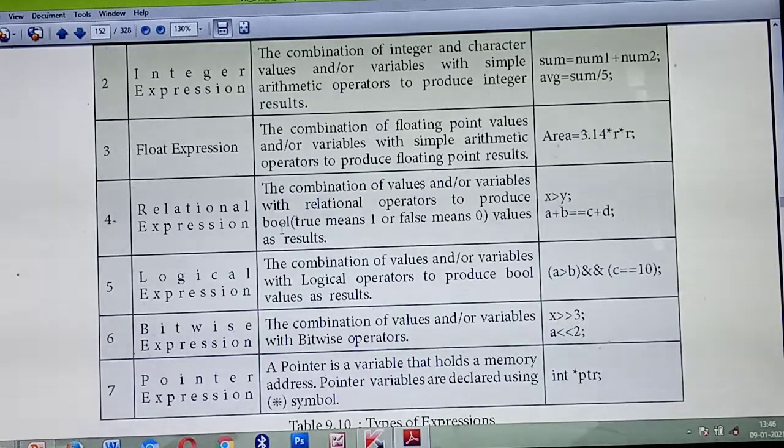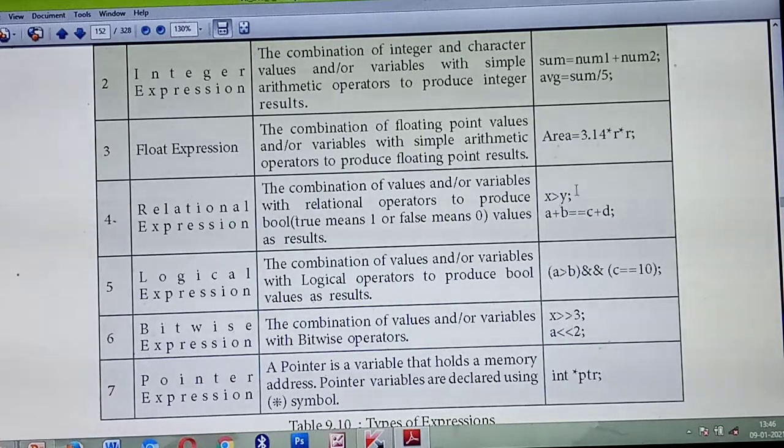So this along with these relational operators will give results as Boolean values. Relational operators always give output as Boolean values. So what do you mean by Boolean values? True or false. That means 1 or 0. 1 means true and 0 means false.